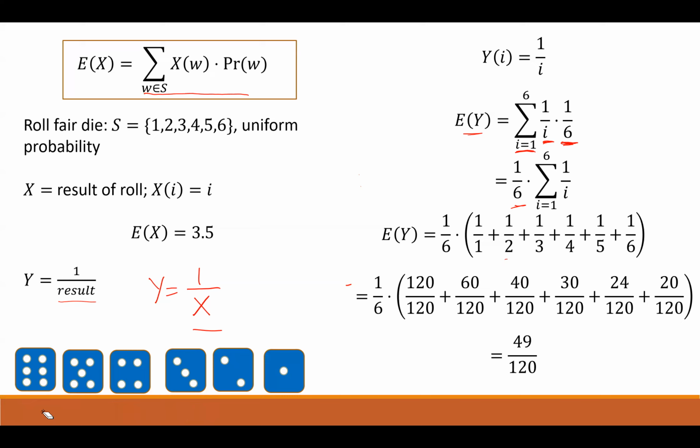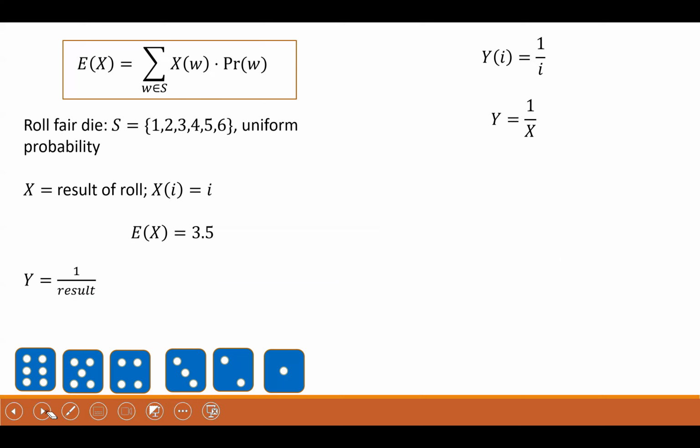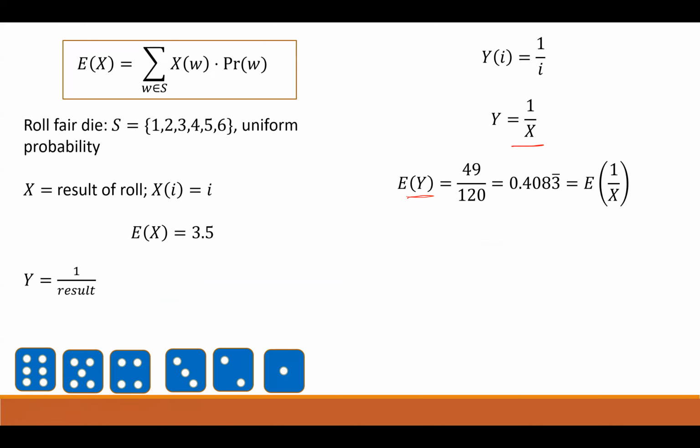Again, we can define random variables any way we like. In this case, we did it because y and x are definitely related. So maybe the natural question is, is the average of y related to the average of x? The expected value of y is equal to the expected value of 1 over x, and it's 0.4 something.